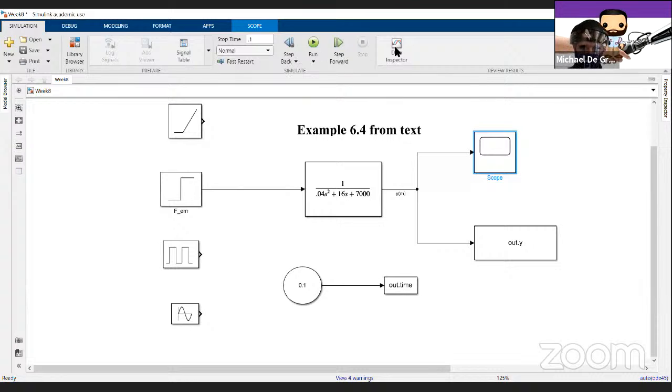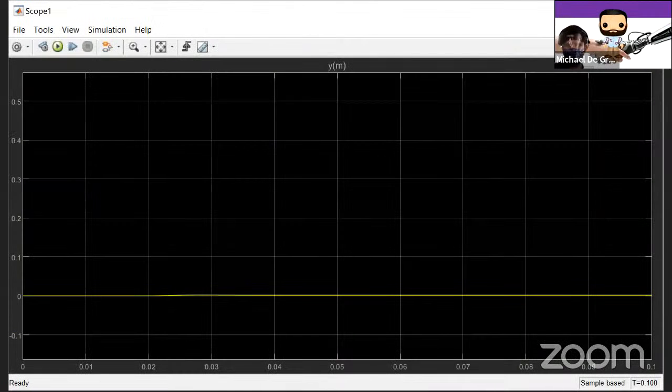Does it make sense that the state space model for this system would look like this?